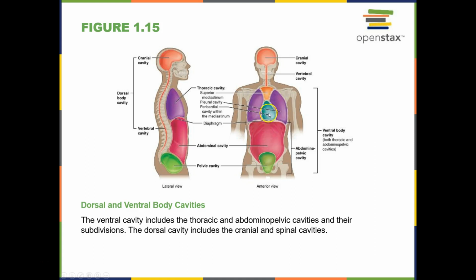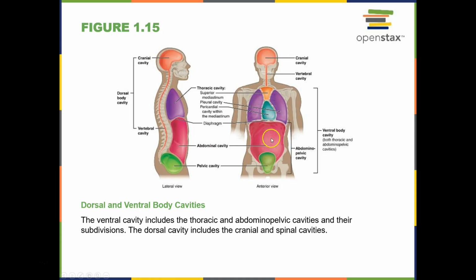The heart has its own special membrane called the pericardial membrane. And then we have the abdominal pelvic cavity here, which includes both the abdominal and the pelvic cavities. So we can separate them, or we can call them the abdominal pelvic cavity together. And these have their own special serous membrane surrounding them, known as the peritoneum.